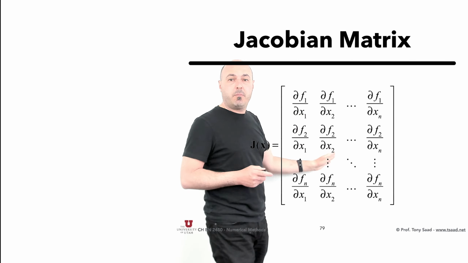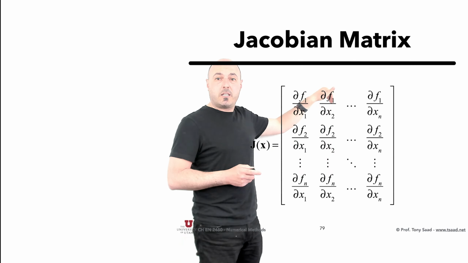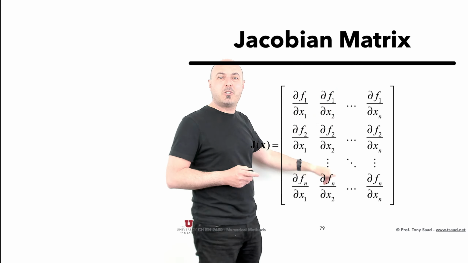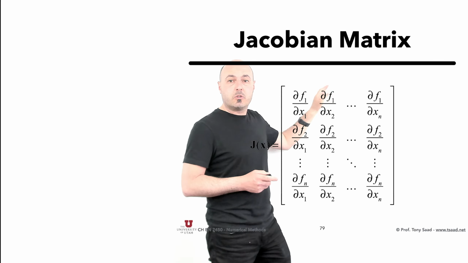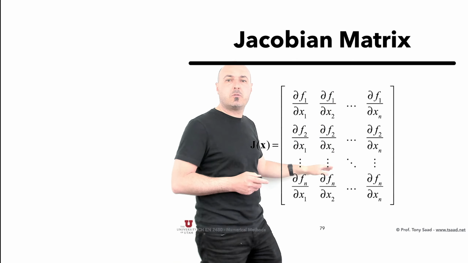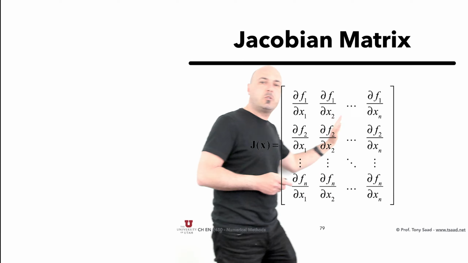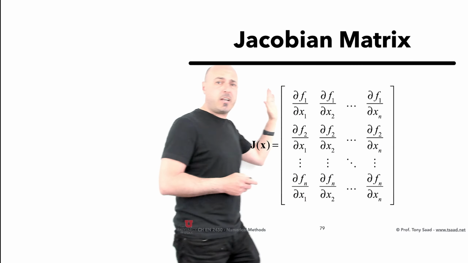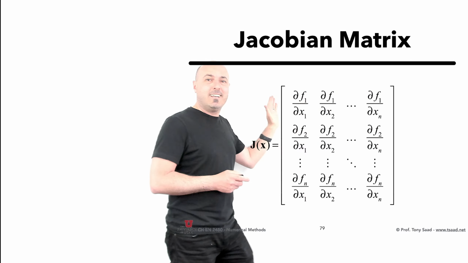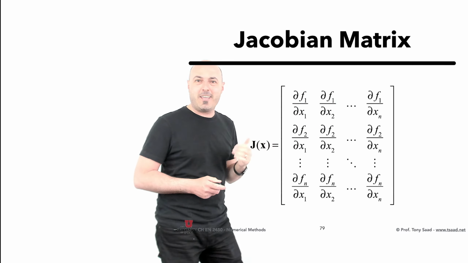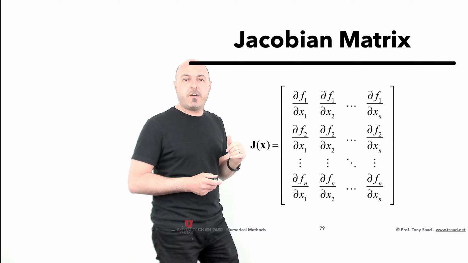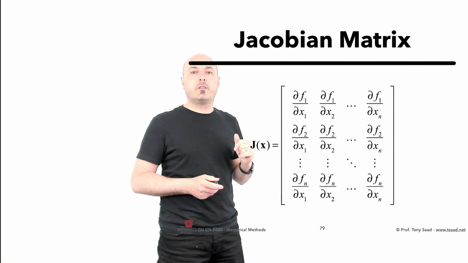The second column contains, again, the derivatives of all the functions, but with respect to the second unknown, x2. So df1 by dx2, df2 by dx2, dfn by dx2, and so on. So the column-wise direction is you're changing the variable, the unknown, okay? You're differentiating with respect to the independent variable.